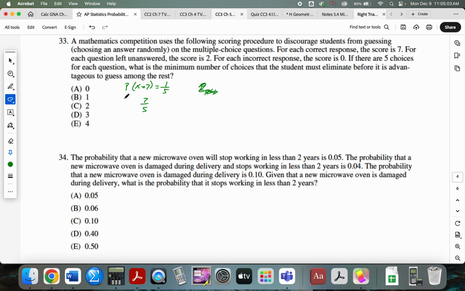All right, what's the probability of getting it wrong? 4/5. But you don't get 7 points if you get it wrong.